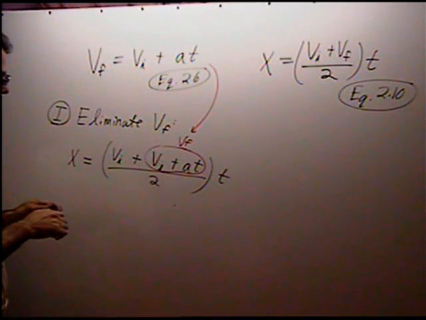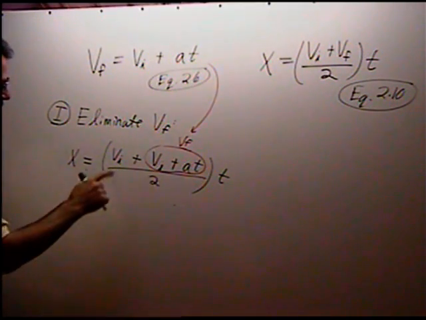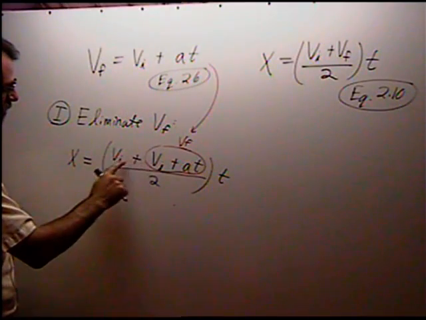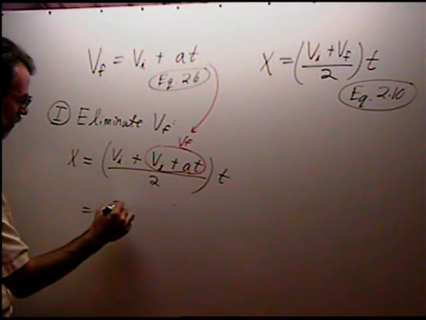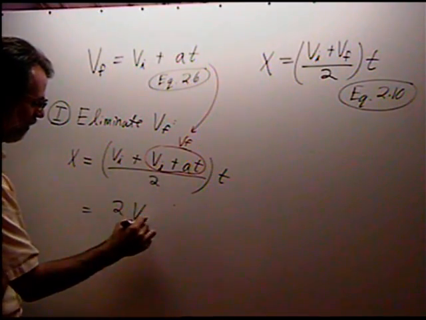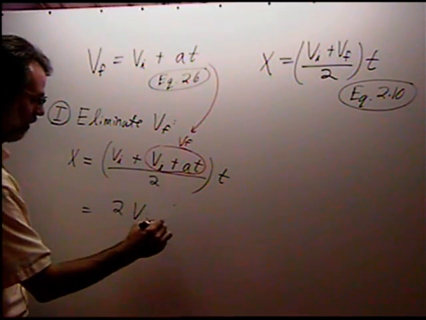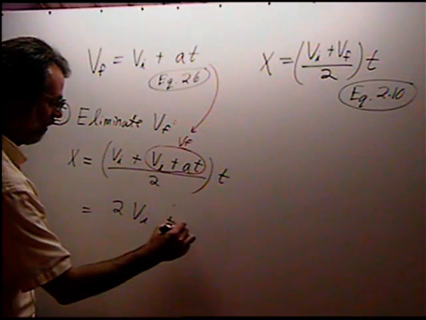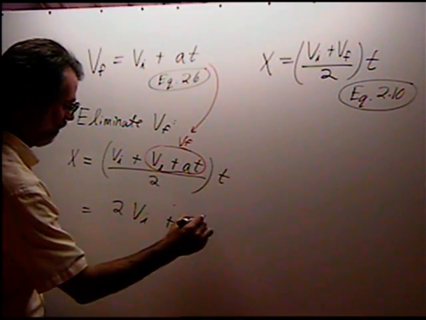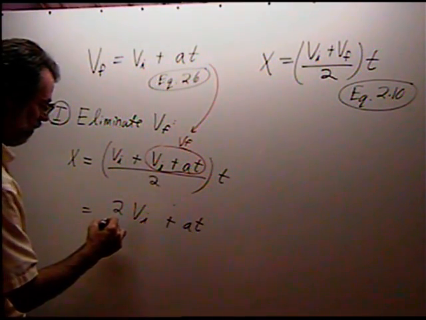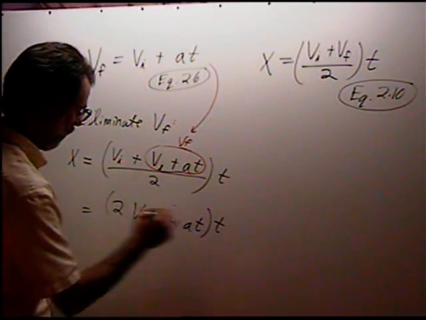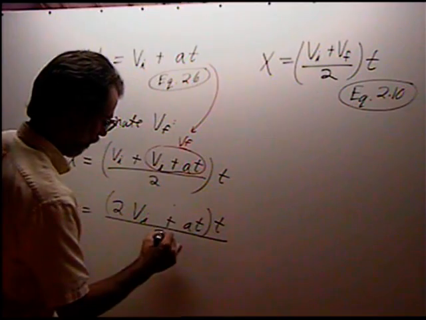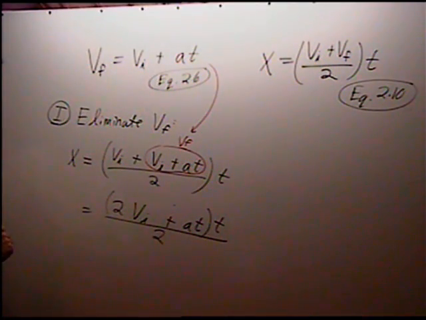So now notice I have how many initial velocities? I have initial velocity plus an initial velocity. So I have 2 initial velocities plus AT times T all divided by 2. Okay.